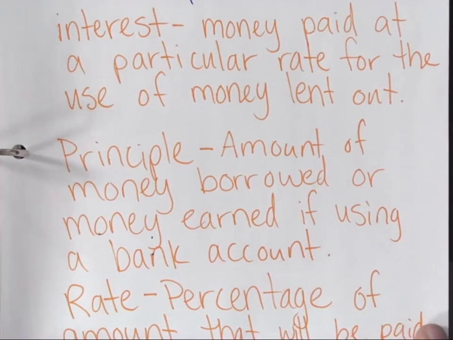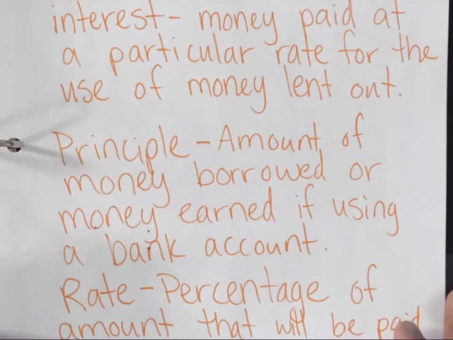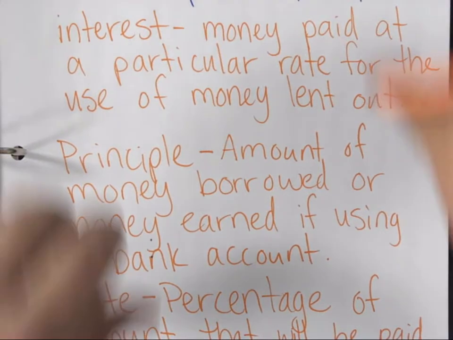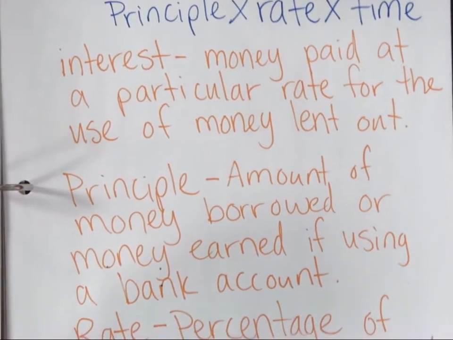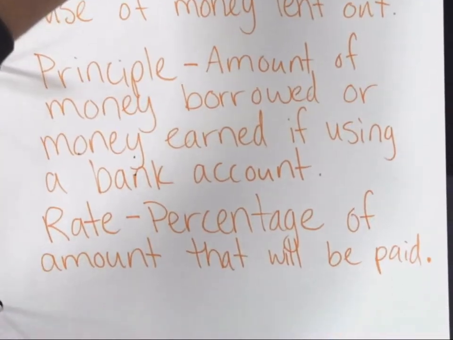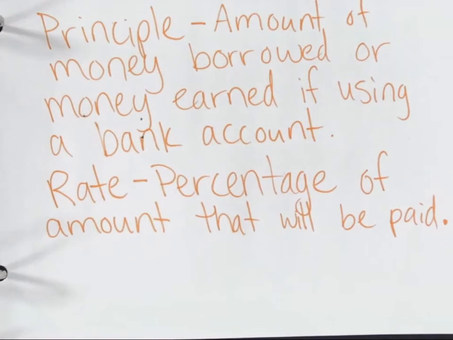So the percentage of the amount of money that we will be paying back. If you're trying to find the simple interest, they will always give you a rate at which the interest must be paid back, which will be in the form of a percent.